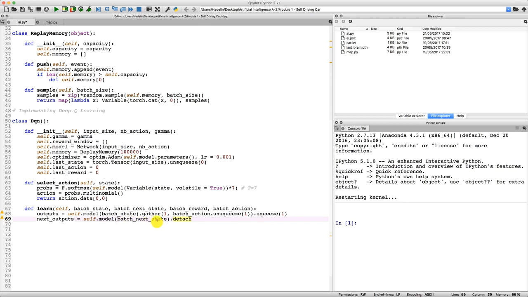That's the batch of all the next states in all the transitions taken from the random sample of our memory. So I'm detaching all of them using the detach function, and then I'm taking the max of all these Q values. And since we're taking the maximum with respect to the action, we have to specify that, and since the action is represented by the index 1, we put the index 1 here.